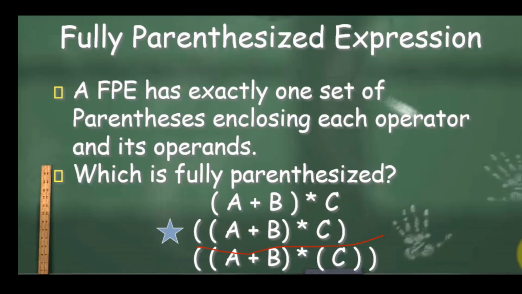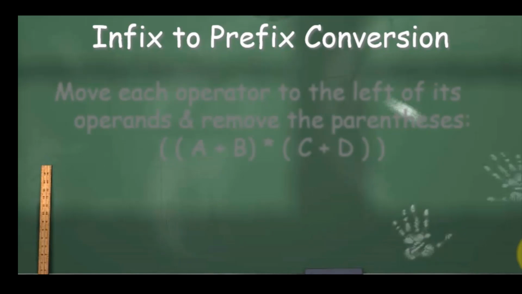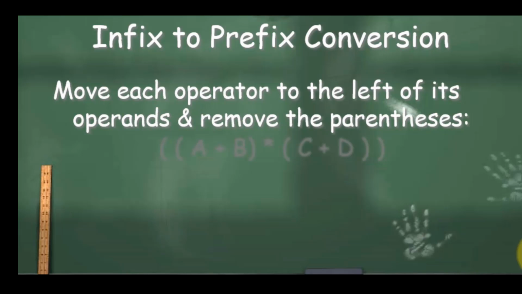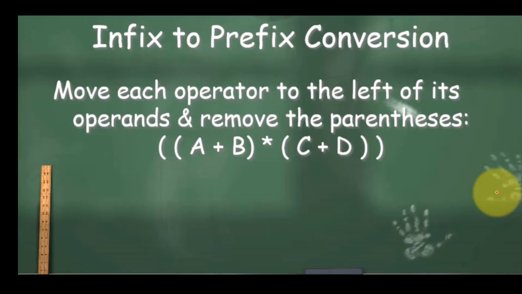Alright. So, if we're going to convert the infix to prefix, let me say this is our expression. The rule here, the first thing that you need to do is move the operator to the left of its operands.